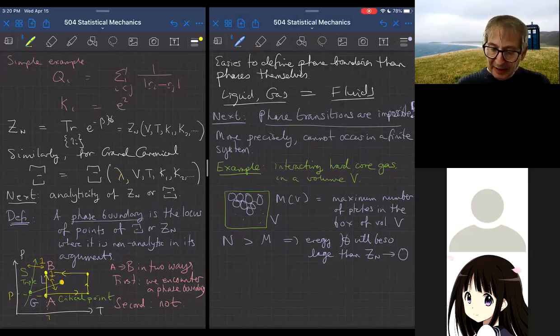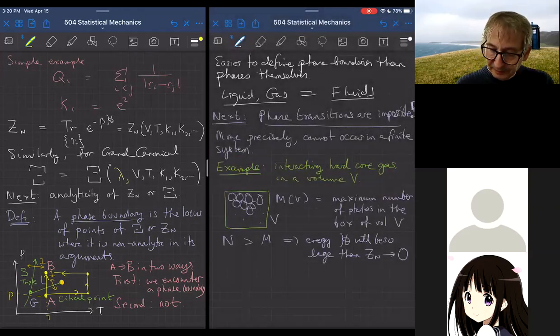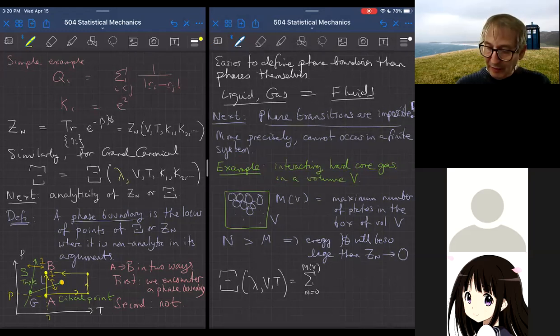So what that means is that if I write down the grand partition function, that's going to be a function of the fugacity, the volume, and the temperature. So that's the sum from N equals 0 up to this maximum value, M of V, of lambda to the N, and then the partition function of the system with N particles. And this lambda is the fugacity, e to the beta mu.